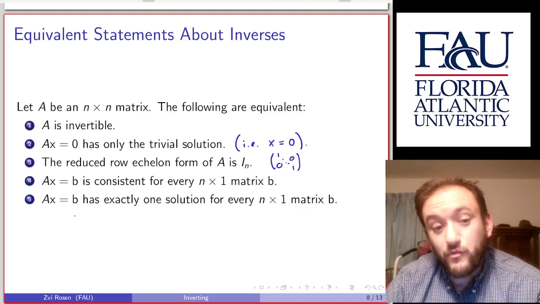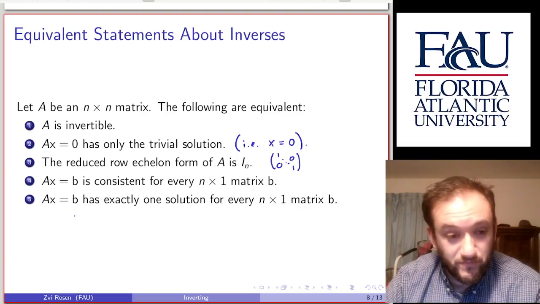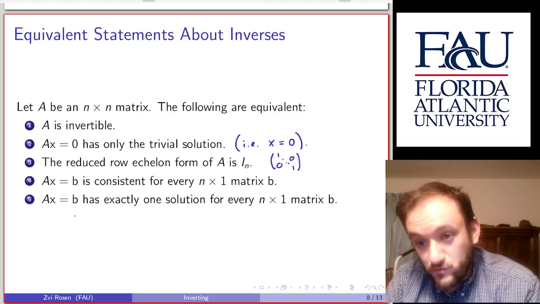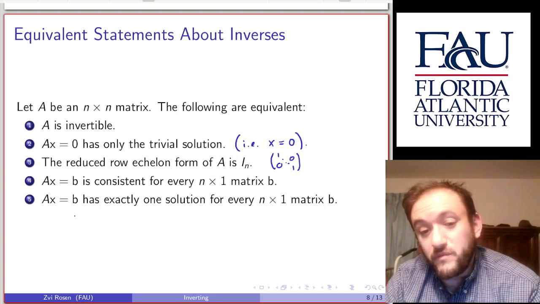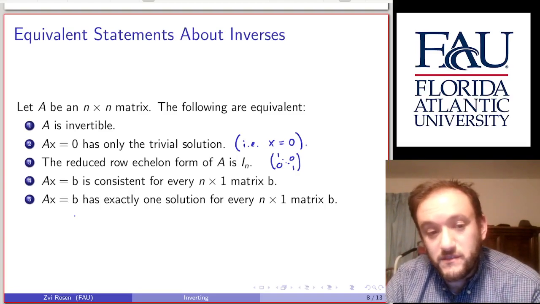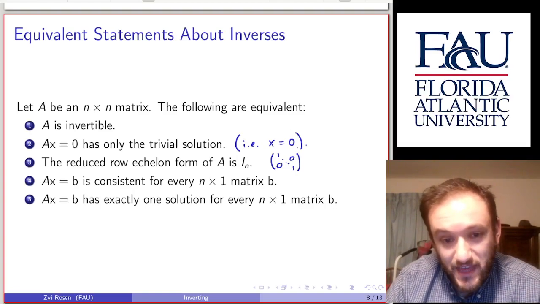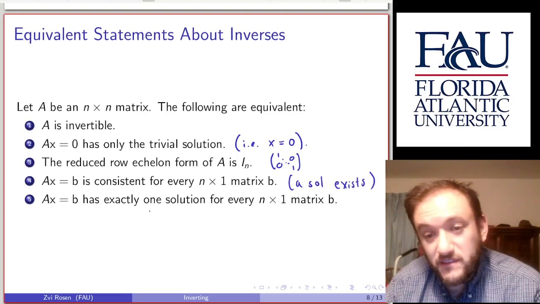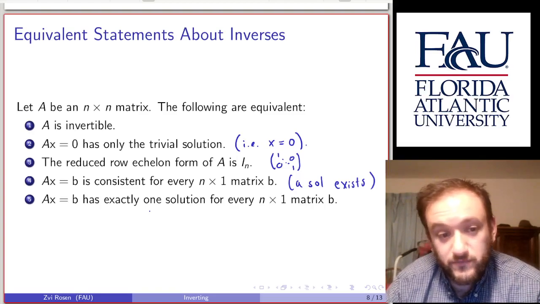That's consistent for every n by 1 matrix B. And fifth, Ax equals b has exactly one solution for every n by 1 matrix B. So to be consistent, that means that a solution exists, whereas this is more specific. There has to be exactly one solution.